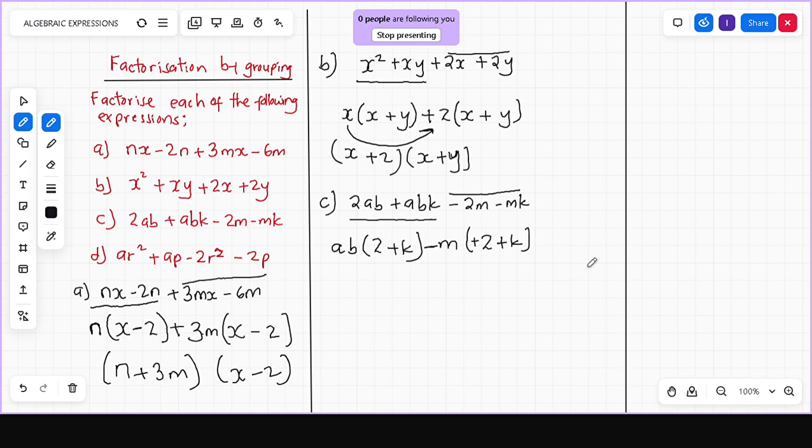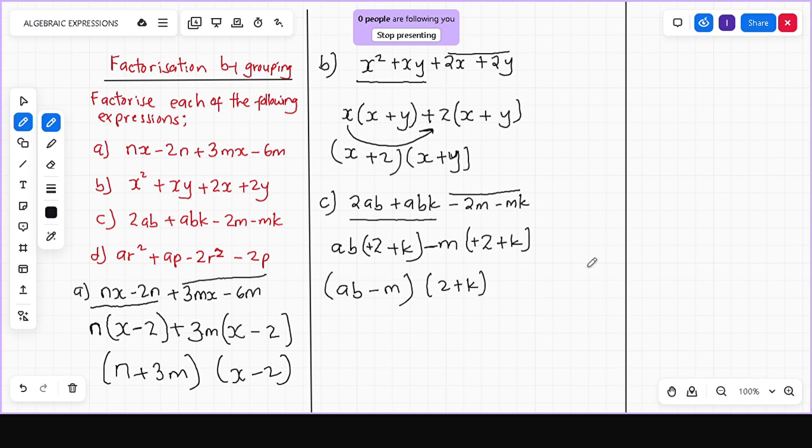So you can see what is inside the brackets are the same. Whatever is outside the brackets, we've got ab minus m, close the bracket, into the bracket 2 plus k. That is the answer in part C.